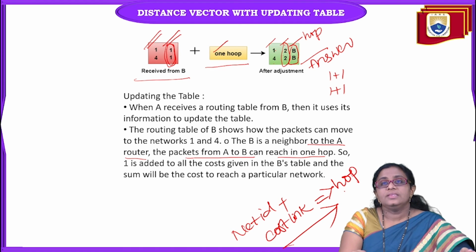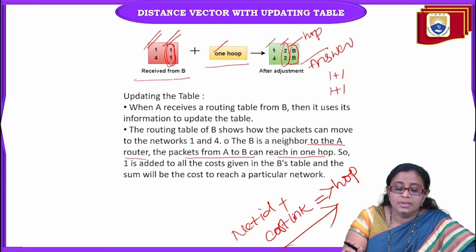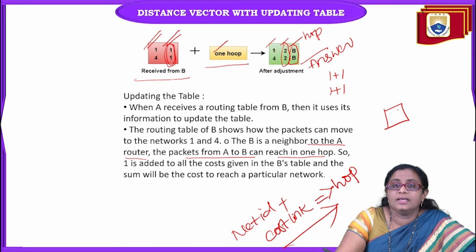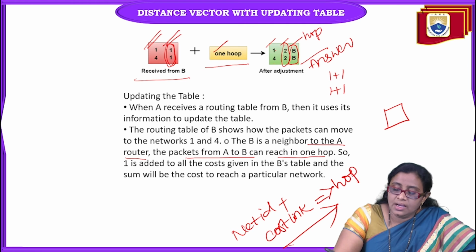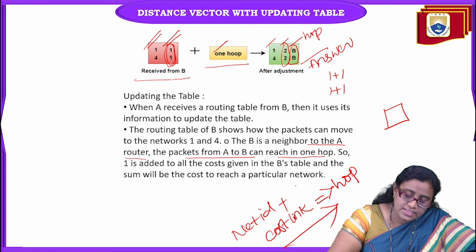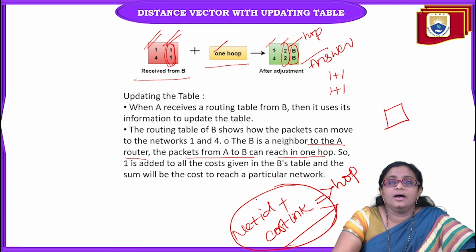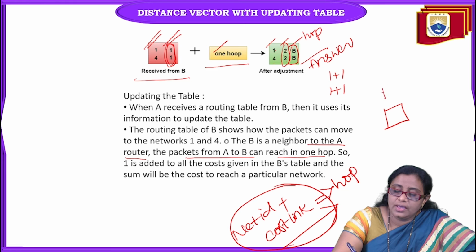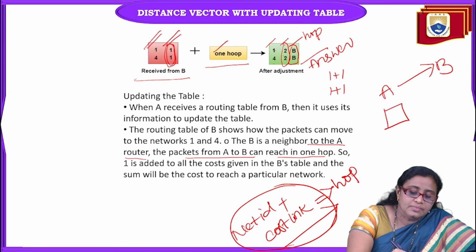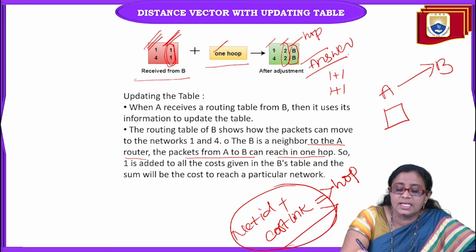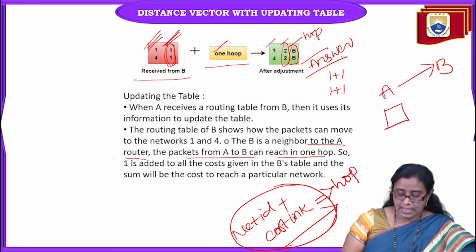This is updating the table based on each packet of information, where every network consists of these three keywords. Based on that we will update the table by means of source router A to source router B, taking the net ID as well as the cost link and adding one hop, we will get some final result. That is updating the table.